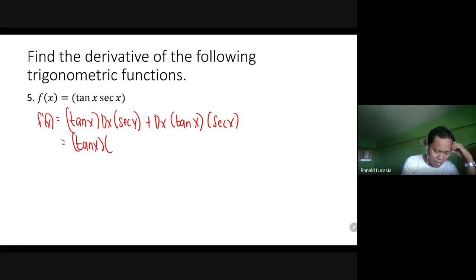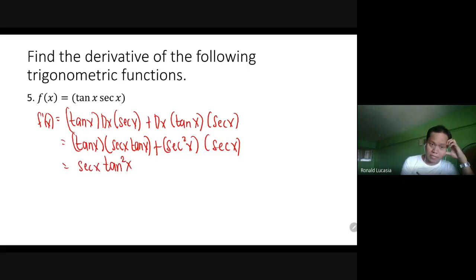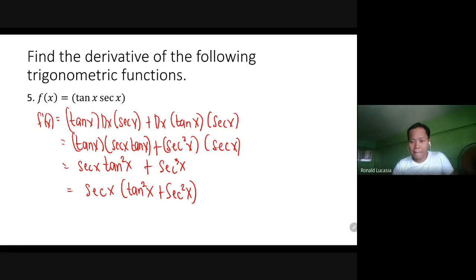The derivative of secant x is secant x tangent x. The derivative of tangent x is secant squared x multiplied by secant. So this will be tangent x times secant x tangent x, that will be secant x tangent squared x plus secant cube x. Kaya lang since meron pa silang common factor, that will be secant x, ito ay magiging tangent squared x plus secant squared x.